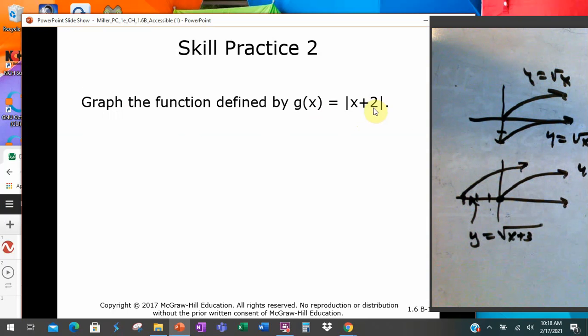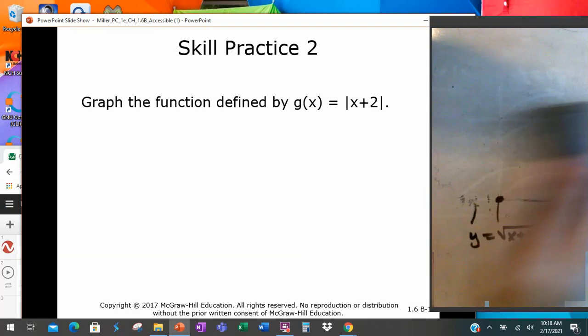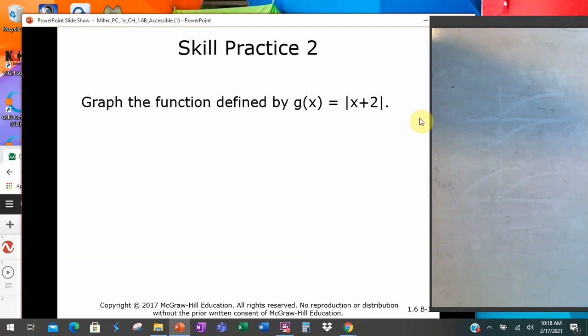Okay, so here's another one. Graph the function defined by g of x is equal to the absolute value of x plus 2. I don't have to go off doing a bunch of xy plots. I just have to recognize that is a horizontal shift. If this was plus 2 on the outside of that, that would be a vertical shift. Here it's inside the base function.